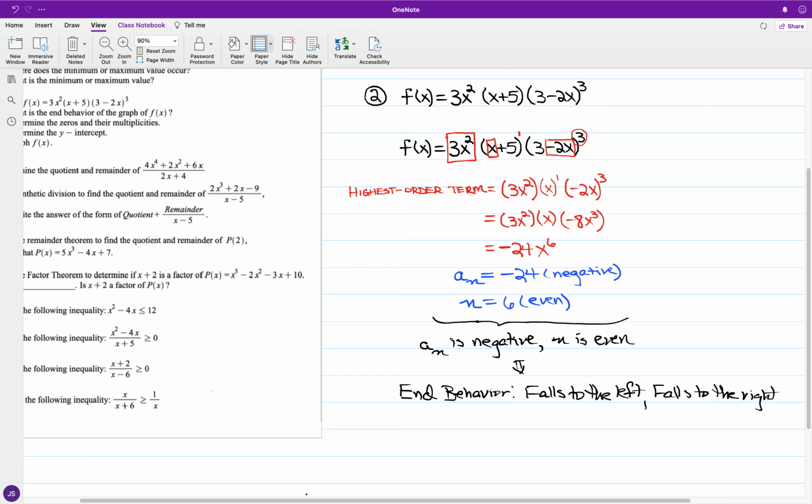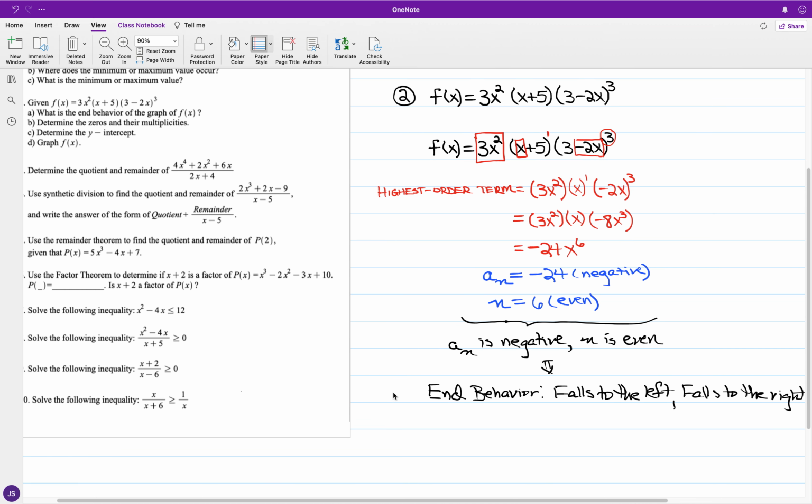And for part A, in behavior, you have falling to the left, falling to the right, or down to the left and down to the right. And in the case of the zeros and their multiplicities, this is kind of a trick one here.